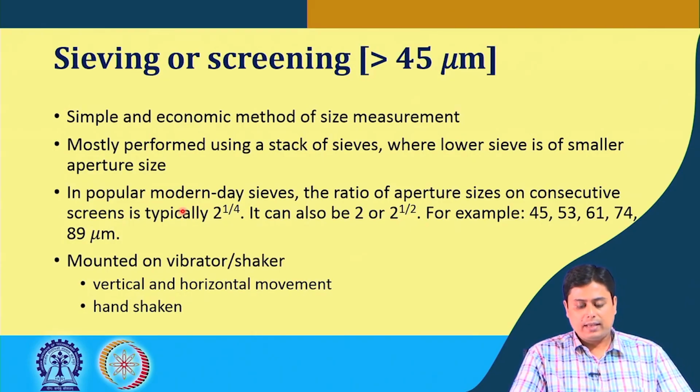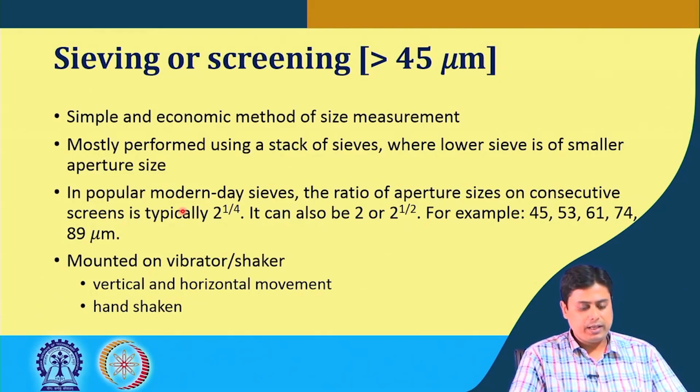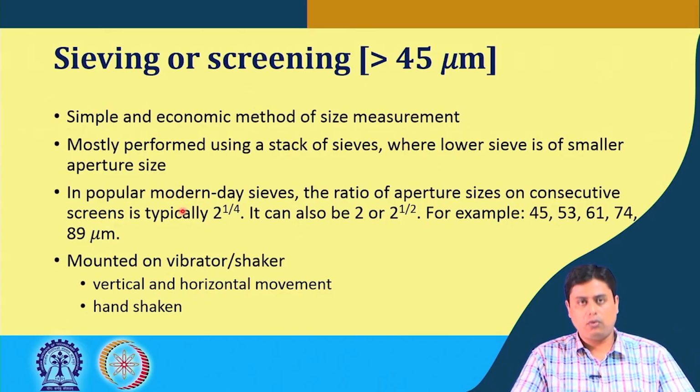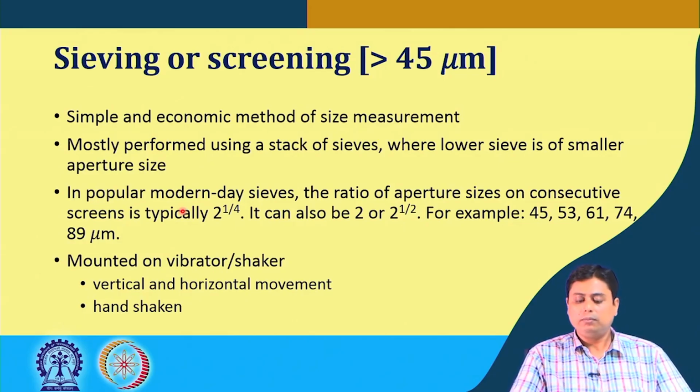In these cases the typical aperture ratio is the fourth root of 2, but when it was initially implemented, there were also examples where the ratio was 2 or the square root of 2.